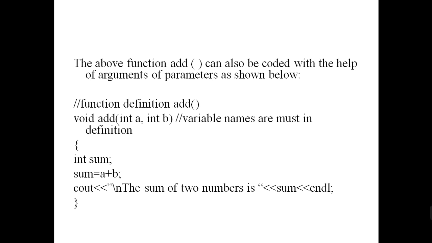After that, in the function body, int sum, that is sum equals a plus b, then the sum of the numbers will be stored in the sum variable. Now two lines are reduced because I am using arguments. So this is the function definition and the function calling. Okay, go to next.